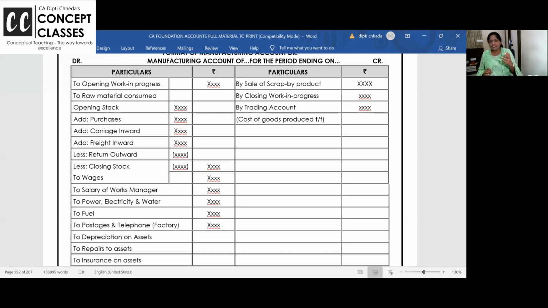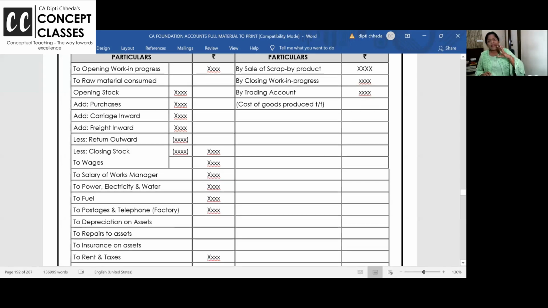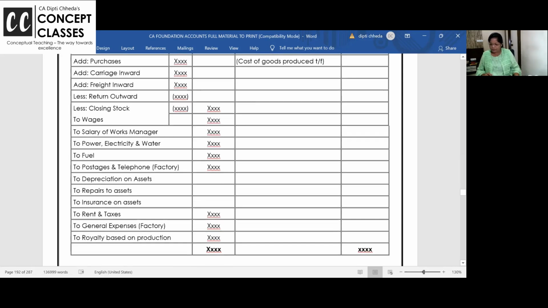You all know what is consumed? Opening stock plus purchases with expenses minus the closing stock gives you raw material consumed. Then you have wages. Then you have factory related expenses. In the manufacturing account, you take only factory related power, electricity, salary, fuel, postage, depreciation of only the plant and machinery, repairs, insurance, and so on.